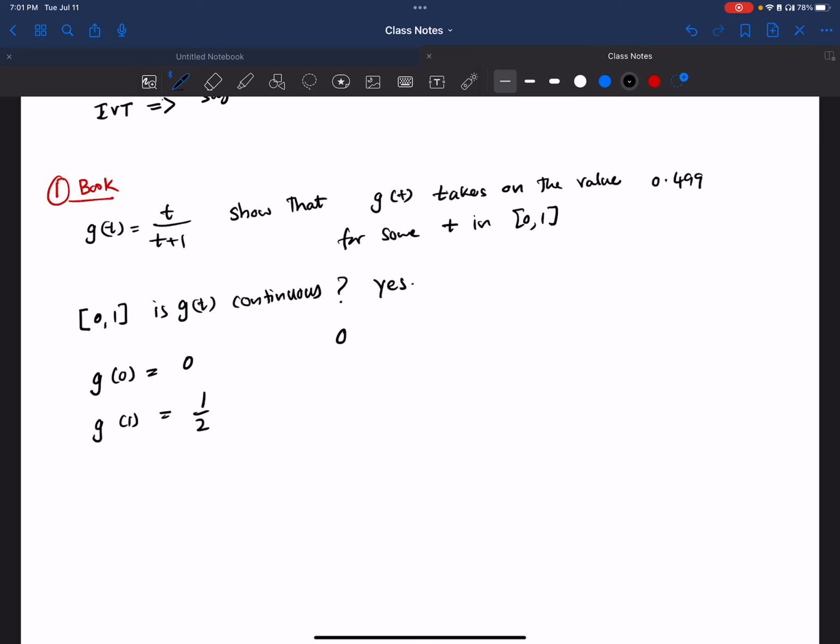And we'll see that 0.499 is in between 0 and half.